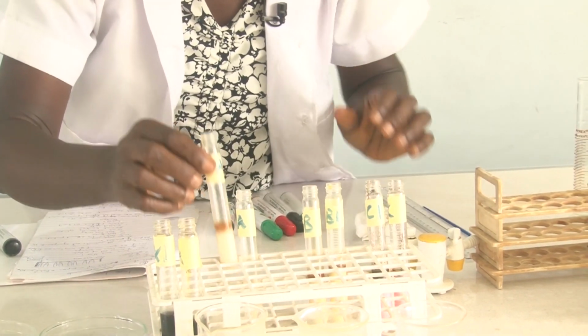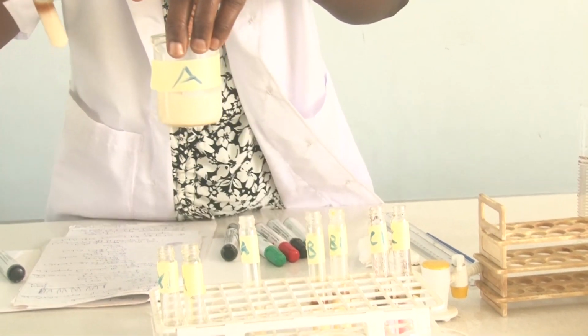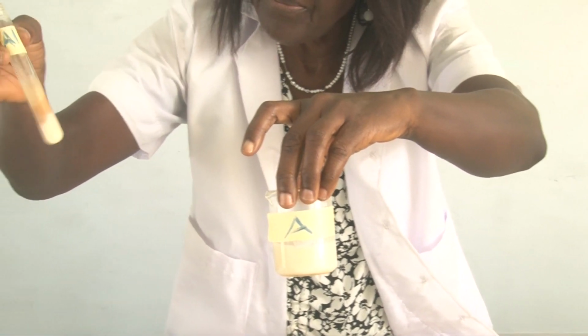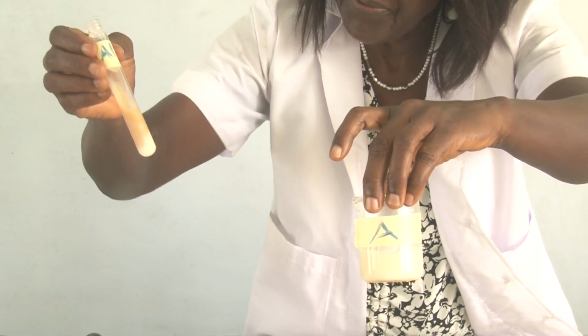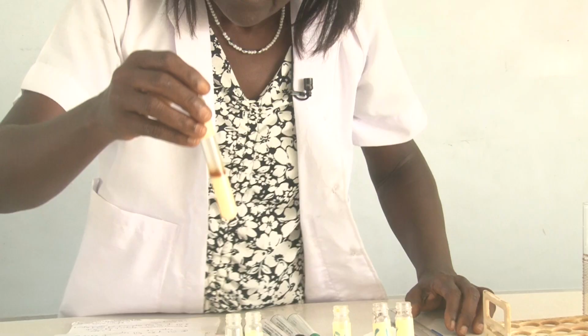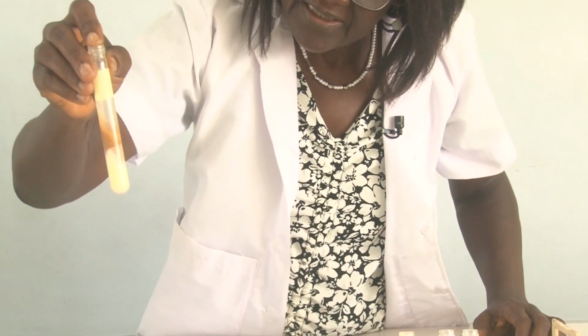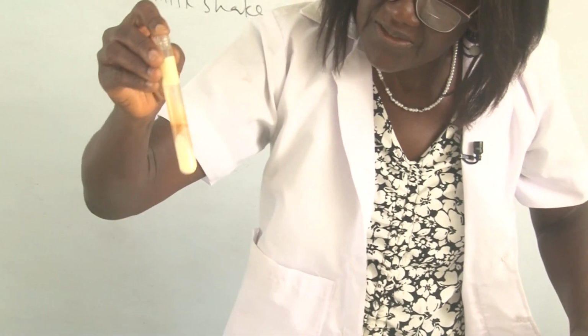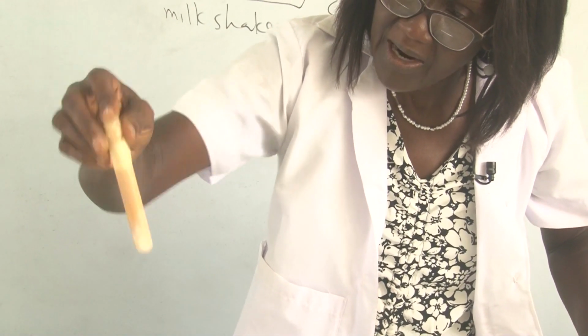Then we have A, milkshake A. The iodine solution remains brown. B, the color of the iodine solution remained. It's still brown.